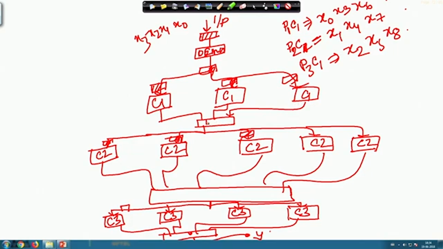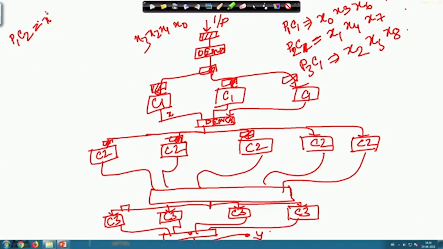Now again it will be connected to one demultiplexer, which will again be connected to 5 of the C2 blocks. So, 5 of the C2 blocks means, if I consider P1 C2, the corresponding output from that will again be connected. So, how will that be?